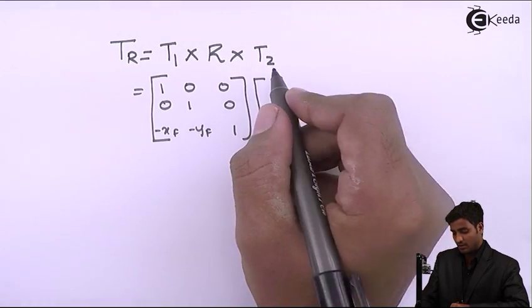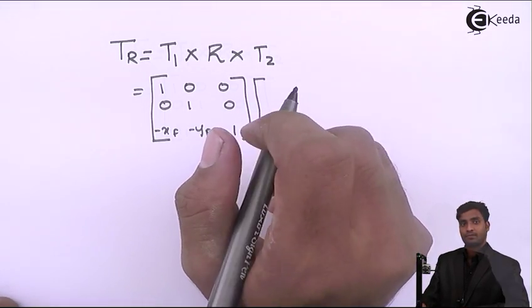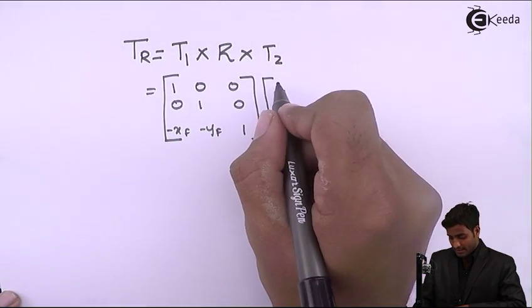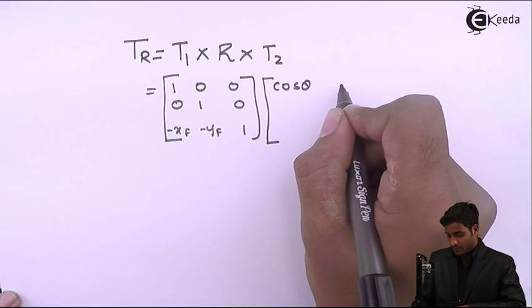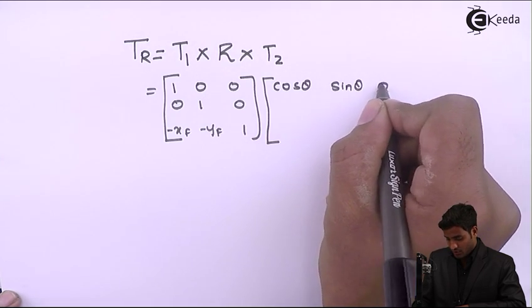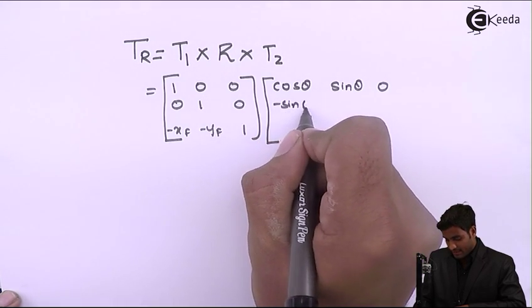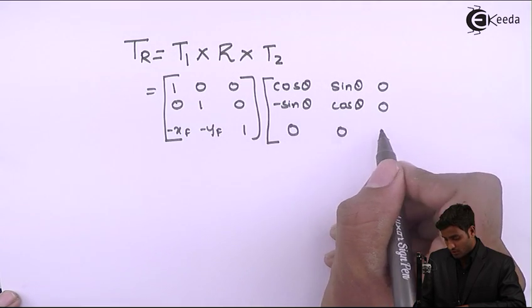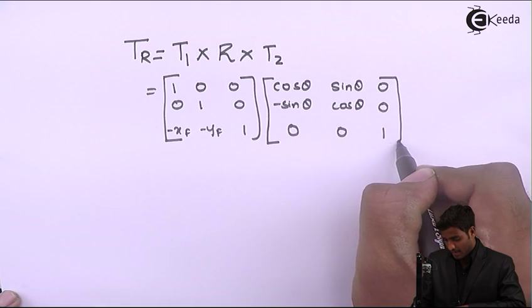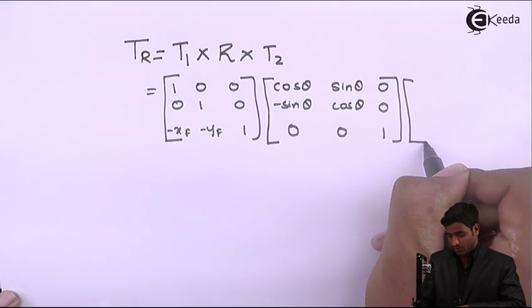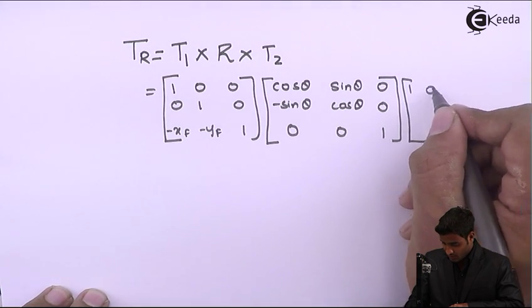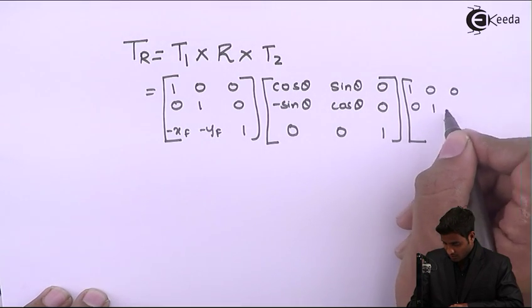The rotation matrix is cos theta, sin theta, 0, minus sin theta, cos theta, 0, 0, 0, 1. And last is T2, which is just opposite to T1: 1 0 0, 0 1 0.